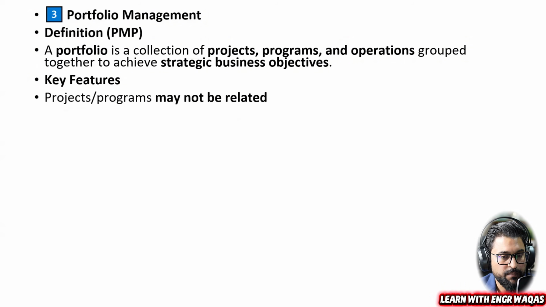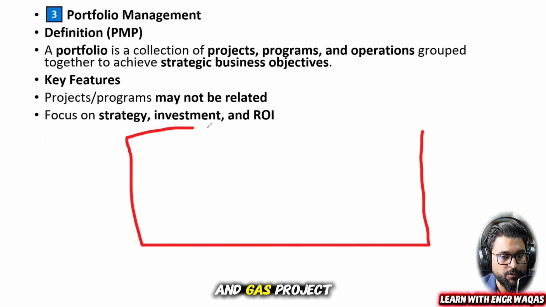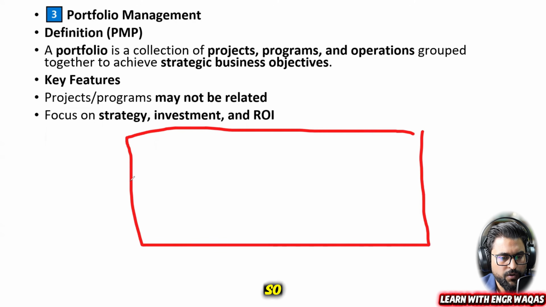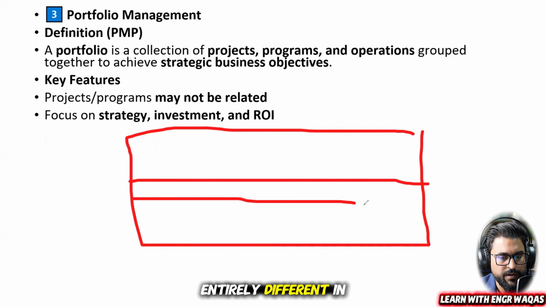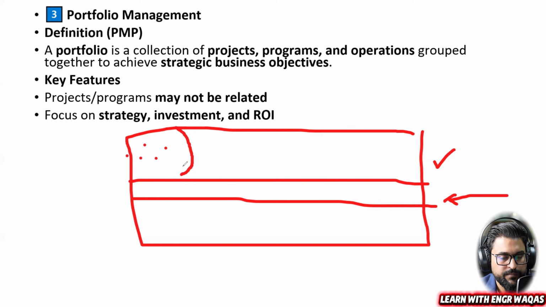So key features: projects and programs may not be related to each other, but they share a strategy, investment, and ROI. Let me give you an example of oil and gas development under Aramco or ADNOC or any other country. A road project is entirely different from oil and gas, but this is in a desert area, so we need this road to be constructed to reach the certain area of that desert where we are supposed to drill, right?